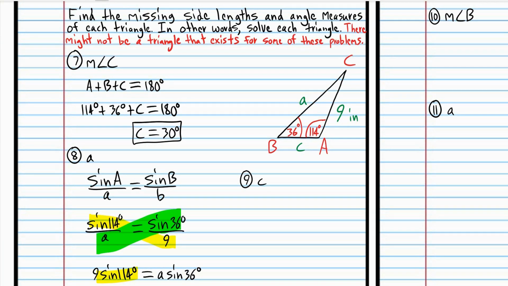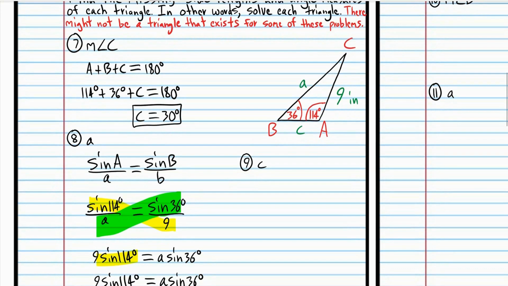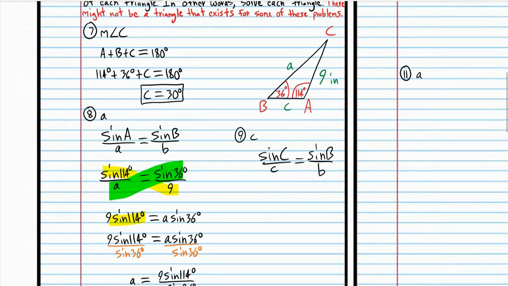So to find the length of side C, we're going to obviously use sine C over C because we're looking for side C. And we want to stick with sine B over B because those numbers are not rounded off. You want to avoid using rounded off numbers if you can.